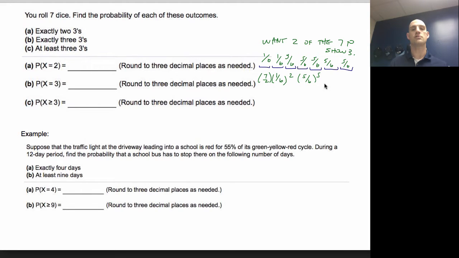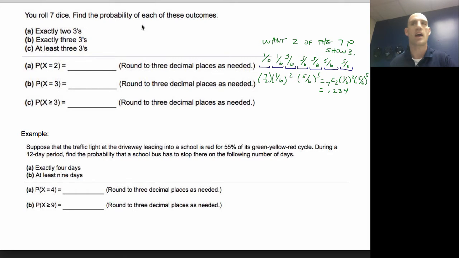So there's 7 choose 2, so this is equal to 7c2 times 1/6 squared times 5/6 to the 5th. Because 7c2 is 2 of the dice, only 2. But how many ways are there to combine these dice 2 at a time to get our answer? And so when we calculate that and we put that into our calculator, the probability of that happening is 0.234, so 23.4%.